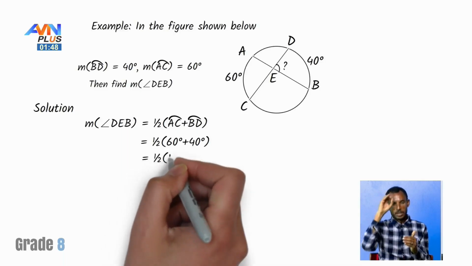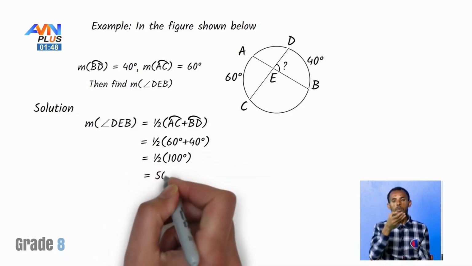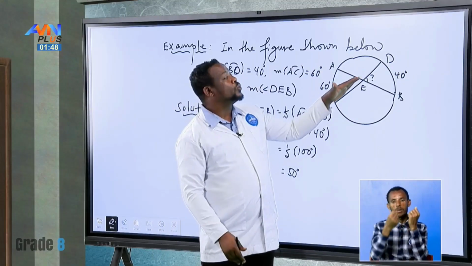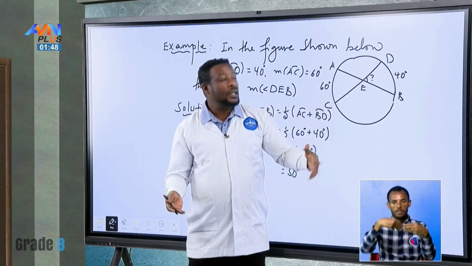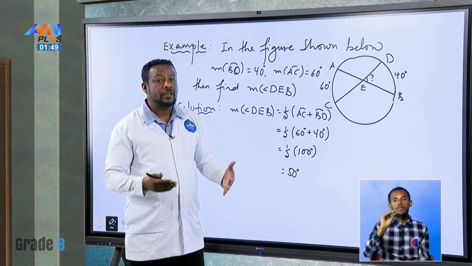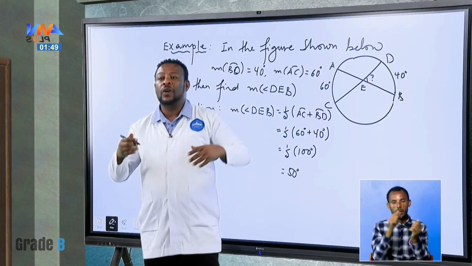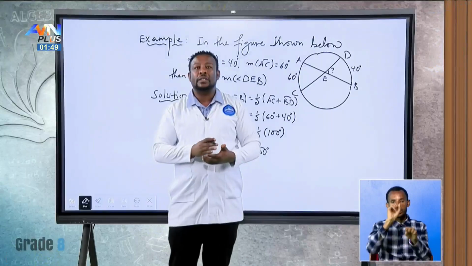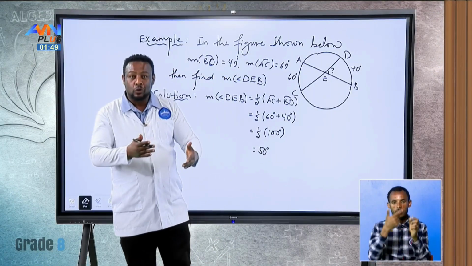And the sum of these two is 100. So half of 100 becomes 50 degrees. Therefore, the angle formed by these two intersecting chords, where these arcs are given, becomes 50 degrees. It's a very simple matter to calculate the angle formed by two intersecting chords if the intercepted arcs are given, right? So this is how we calculate the angle formed by two intersecting chords.